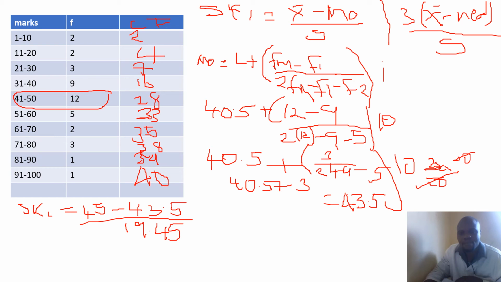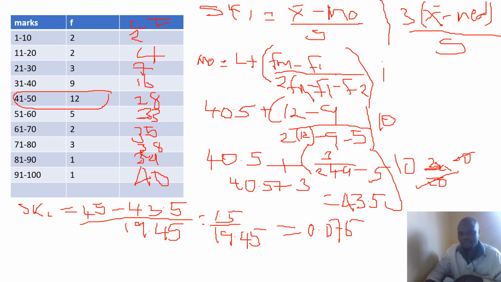So in this case, if we divide that using my calculator, I can see that this one will give me 1.5 divided by 19.45. So this will be equivalent to 0.7696.